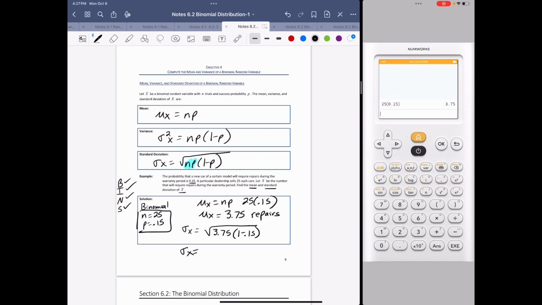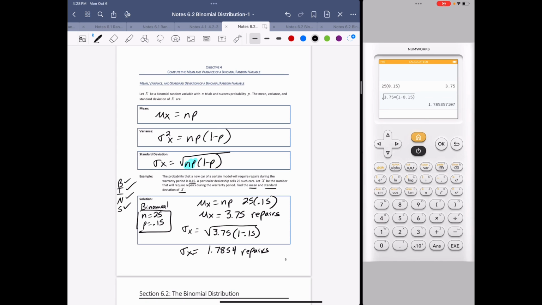All right, so I'm going to go square root, and I'm going to do 3.75 times the quantity 1 minus 0.15. And I'm going to hit enter. And that's my standard deviation. My standard deviation is 1.7854 repairs.